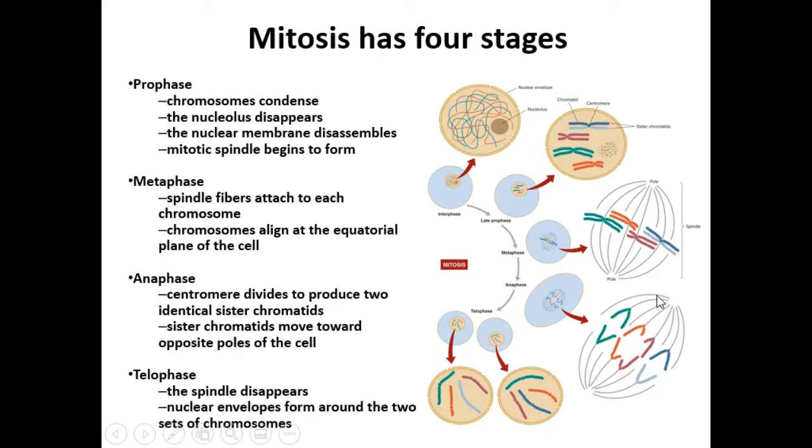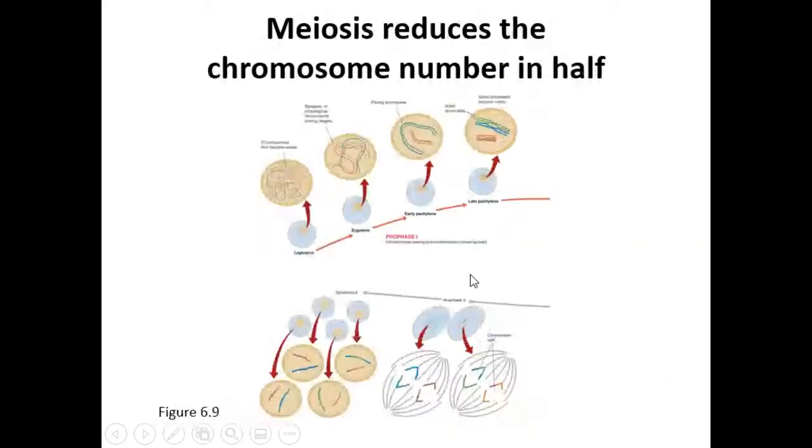And then they move toward opposite poles of the cell. And telophase: the spindle disappears, and then the nuclear envelope forms around the 2 sets of chromosomes. So those are the 4 stages of mitosis.